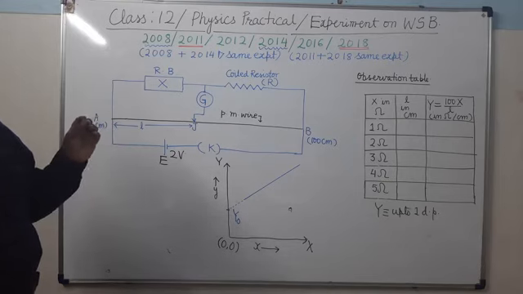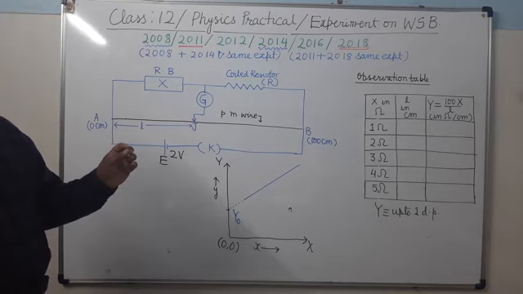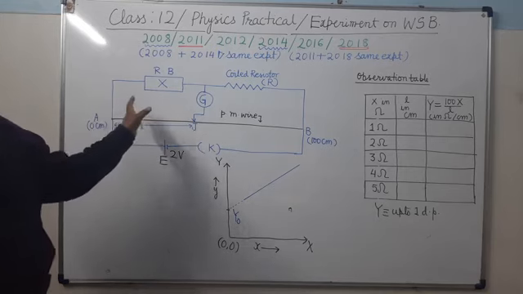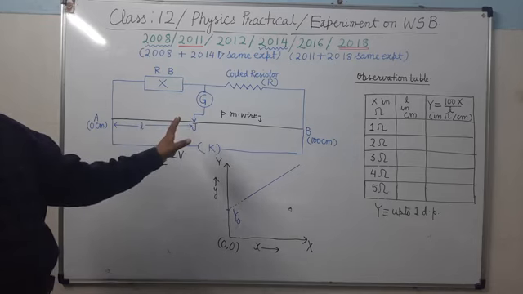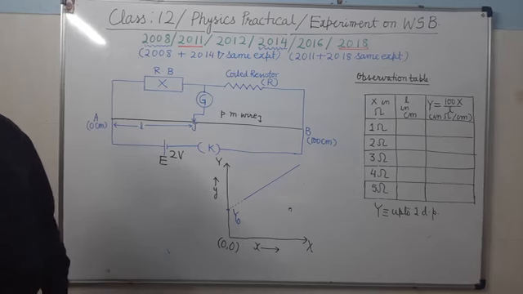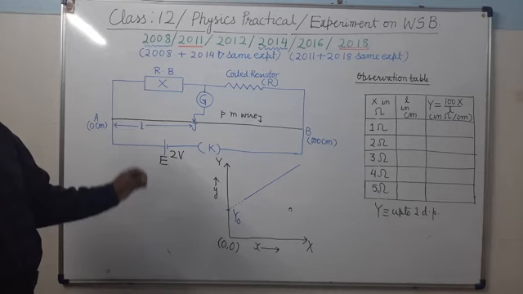Therefore, in 2021, there is a great possibility of the electricity experiment question being on Wheatstone bridge. This is very, very important from the point of view of the 2021 examination. It's clear? It can be asked.